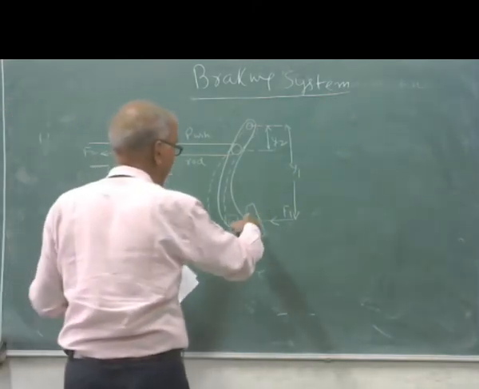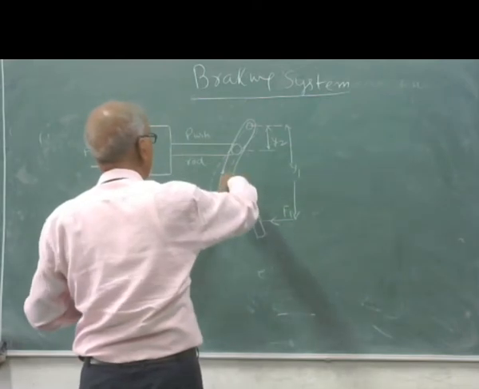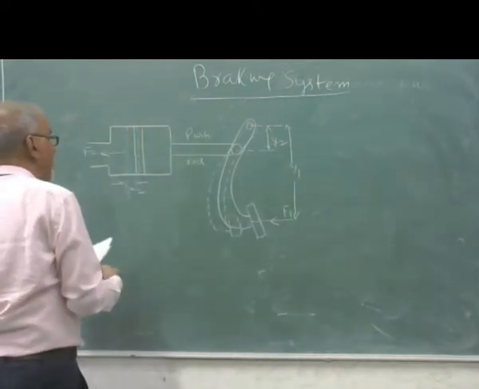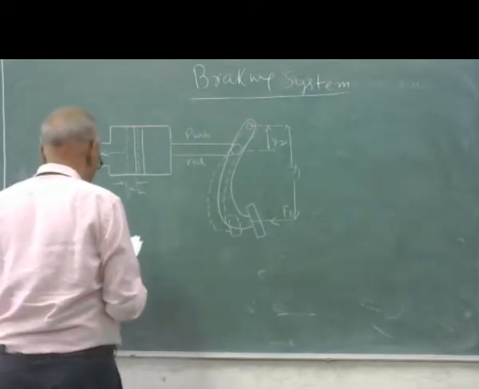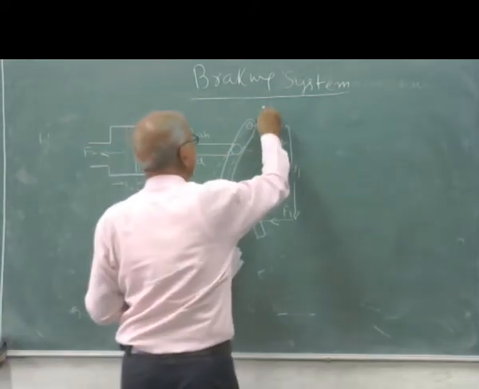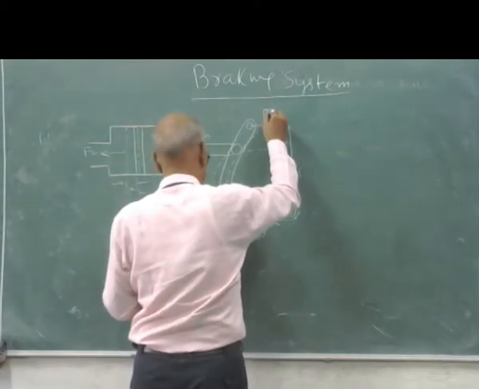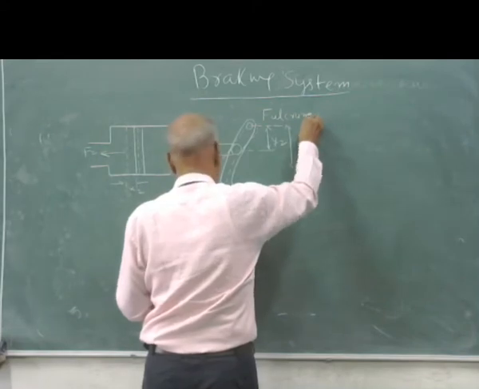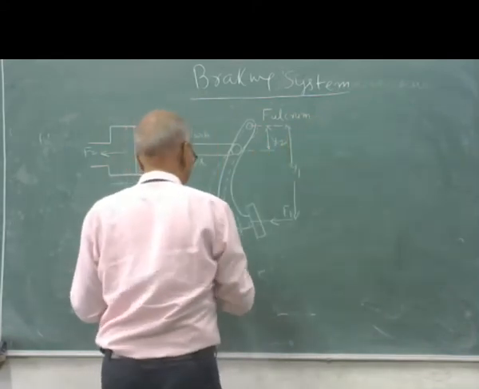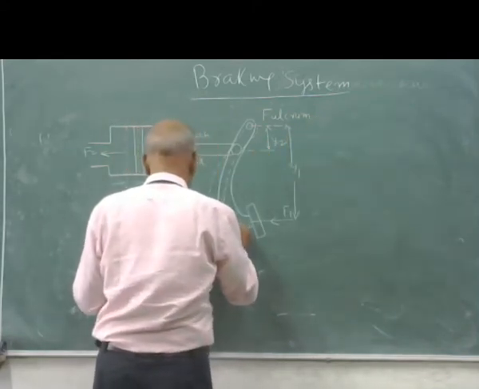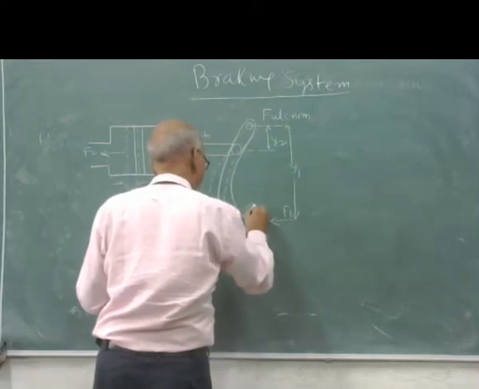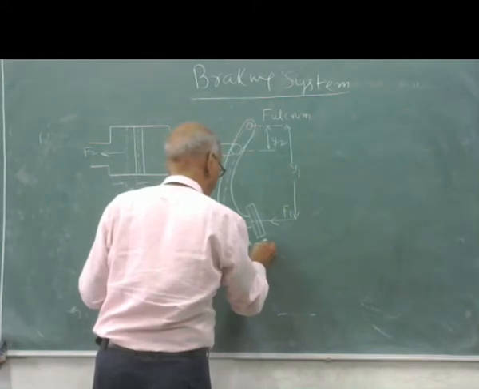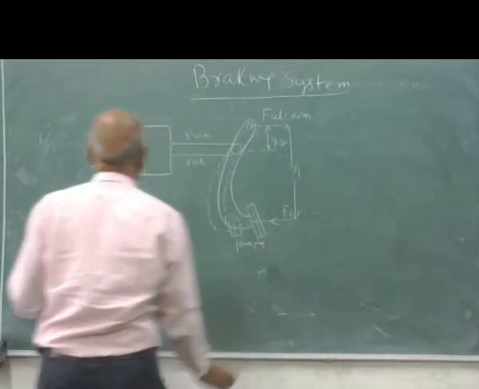When the force is being applied, then the movement takes place, and accordingly the plunger moves forward. So some mathematical points are there. This is the fulcrum. This is the distance moved by the paddle. Okay.